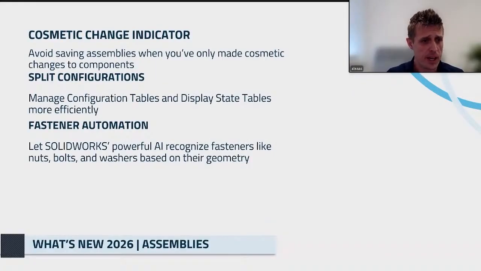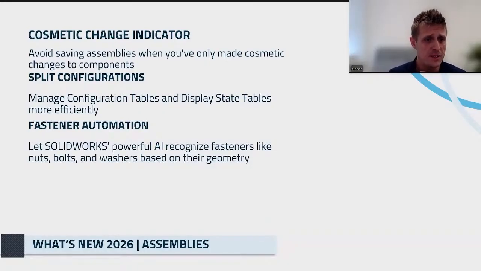All right, the next stuff we will be looking into is some assembly updates to the 2026 release. What is noticeable is the split configuration and also the fastener automation. So within SOLIDWORKS, we obviously use a lot of fasteners and a lot of bolts and a lot of nuts.